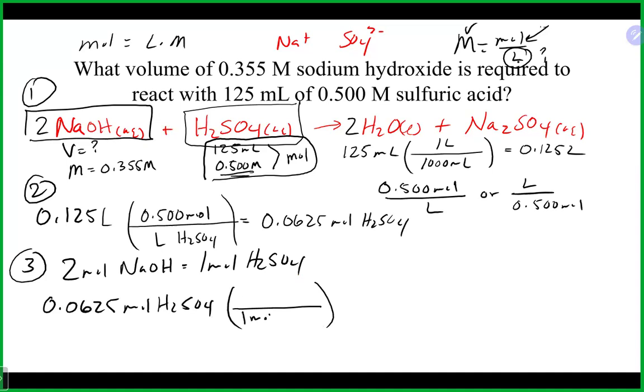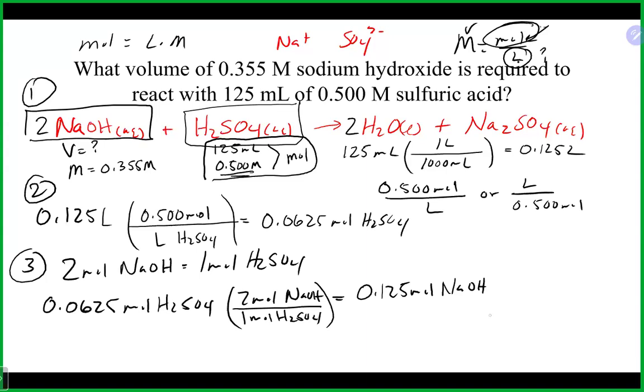So 1 mole of H2SO4 goes on the bottom. 2 moles of sodium hydroxide go up on top. And that's going to get us, we're going to times it by 2 basically, 0.125 moles of sodium hydroxide.